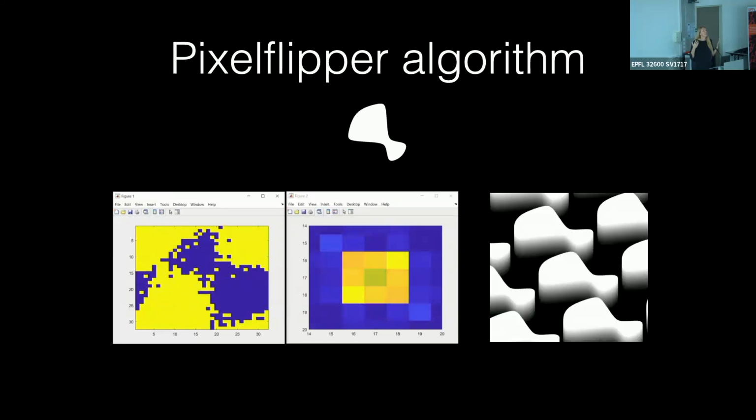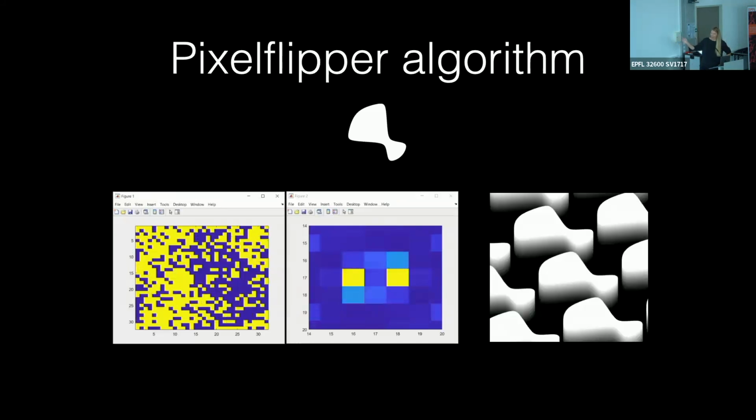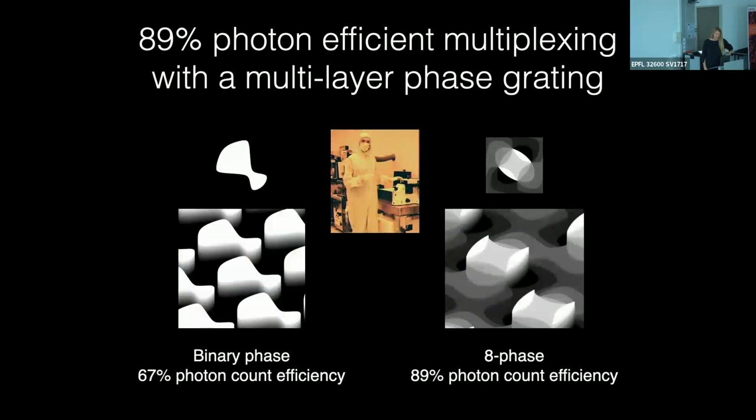And if you want a binary phase grating, you give it -1 and 1 for 0 and pi phase shift. So that's the pixel flipper algorithm. It's kind of beautiful. The pattern is kind of beautiful too. That gives you 67% photon count efficiency. If you want more, you're going to have to do some more complex things.